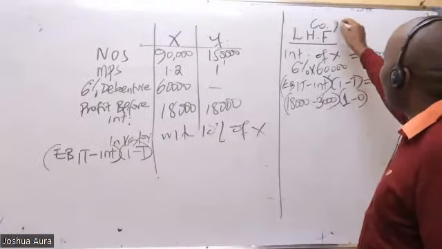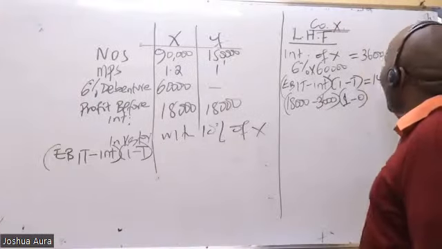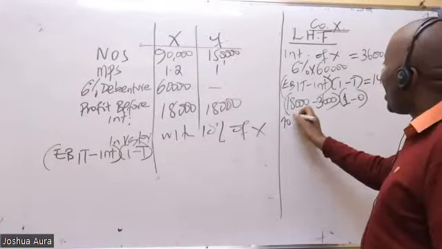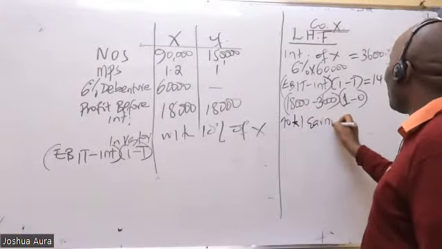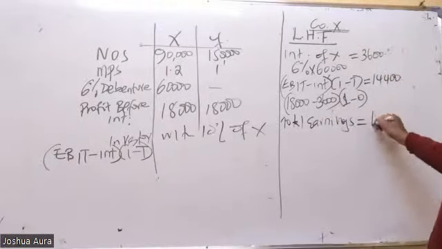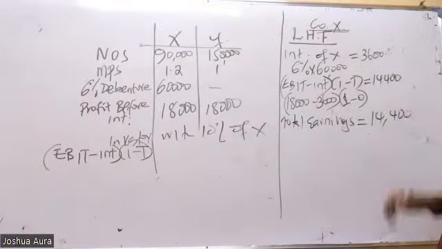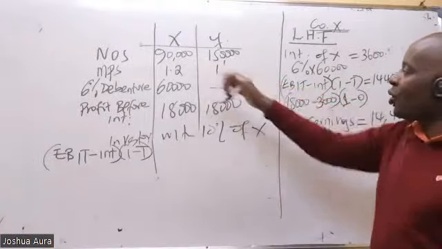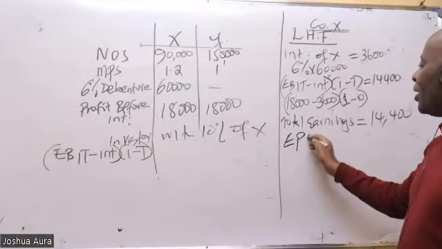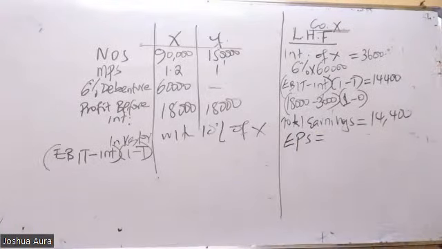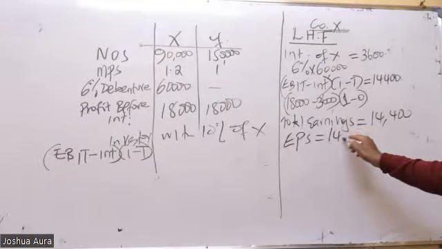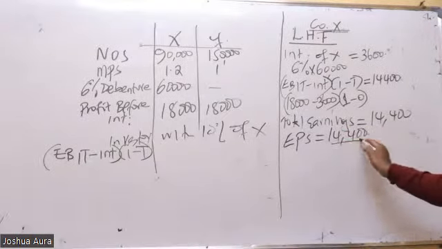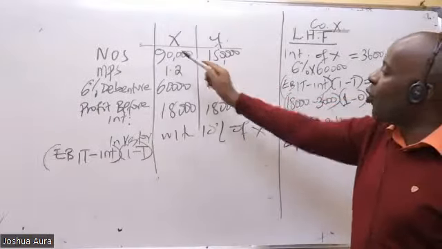So this is company X here. Now, these are the total earnings of the company. We have 14,400. And we know the number of shares that the company has. So please go ahead and give us the earnings per share for company X. It will be the total earnings, the profit after tax, divided by the number of ordinary shares.